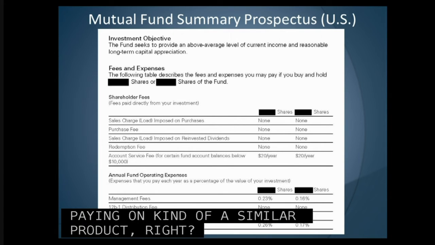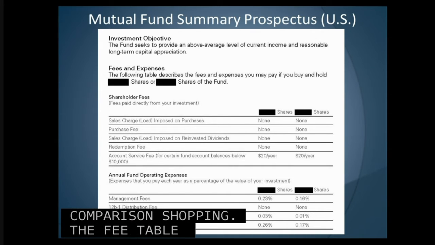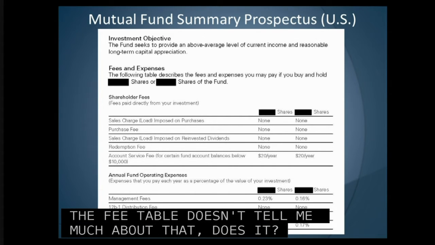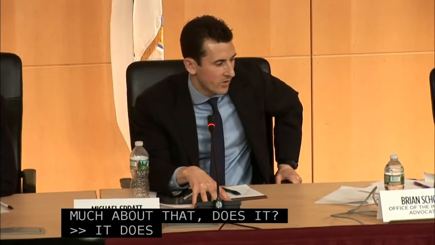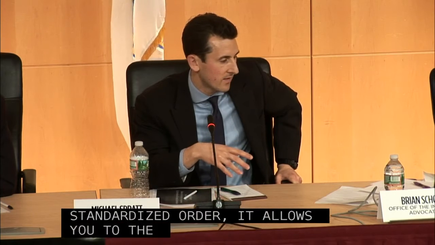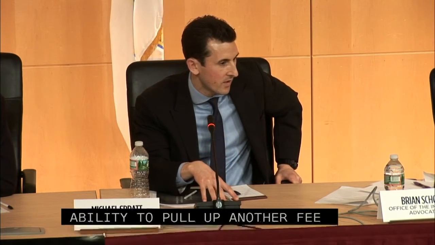But the fee table doesn't tell me much about that, does it? It doesn't directly compare you to another fund. I think the idea is that it's presented in a standardized order, and so it allows you, to the extent you have the motivation, to pull up another fee table and compare it. Also, there's an expense example after it.